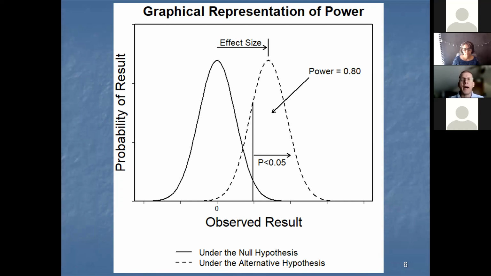And one reminder is that although this y-axis is labeled here as the probability of the result, for statistical distributions, the height of these curves does not represent the probability. Okay, the way that these distributions can be used to determine probability is through area under the curve.